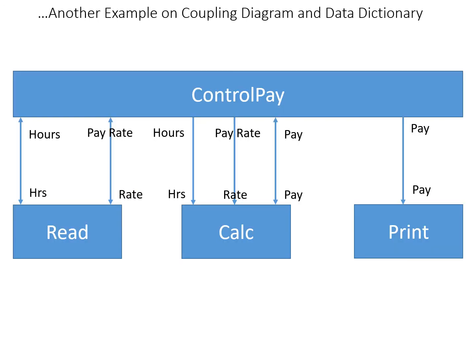So how can we present the algorithm in the coupling diagram? The coupling diagram for the previous case study looks like this. Remember again, we have a single head and a double-headed arrow that represent call by value and call by reference.